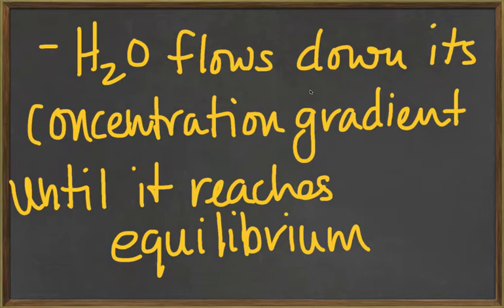It will go from an area of high concentration to an area of low concentration until it reaches equilibrium, which means that I have an equal concentration of sugar throughout. For osmosis, I only care about water. So water will flow down its concentration gradient. It will flow from an area of high concentration to an area of low concentration until the water concentration on both sides of the membrane is equal, at equilibrium.